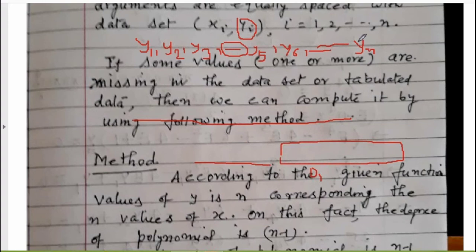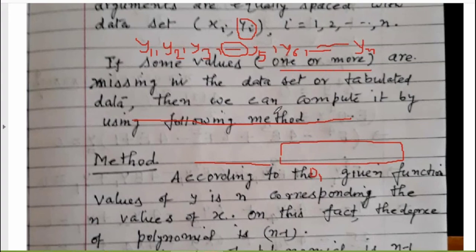So how to find out these 2 values or 1 value? One or more values may be missing in the given or tabulated values of the function.